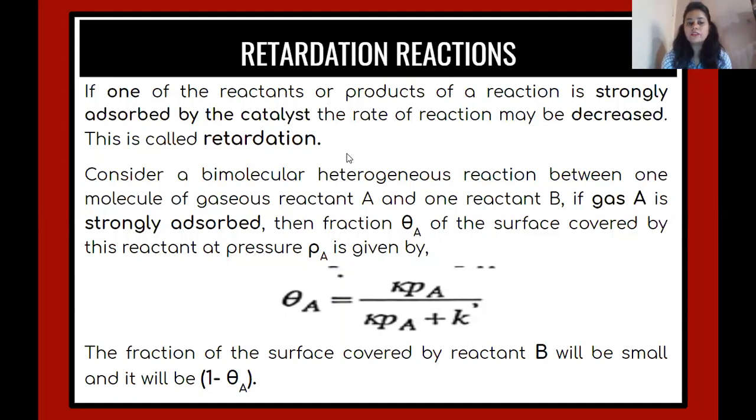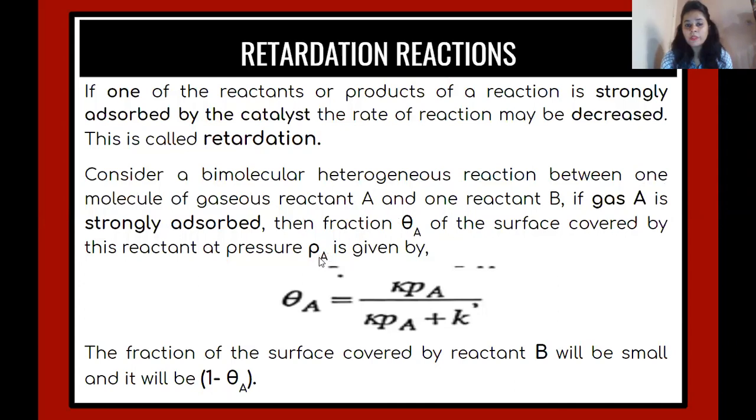Now consider a bimolecular heterogeneous reaction. Like I discussed in the earlier class, heterogeneous reactions are those wherein two different phases are involved. Here, one molecule is gas reactant A and the other is gas reactant B. If gas A is strongly adsorbed by the catalyst, the fraction of surface covered will be theta A, which is a mathematical term, at pressure PA.